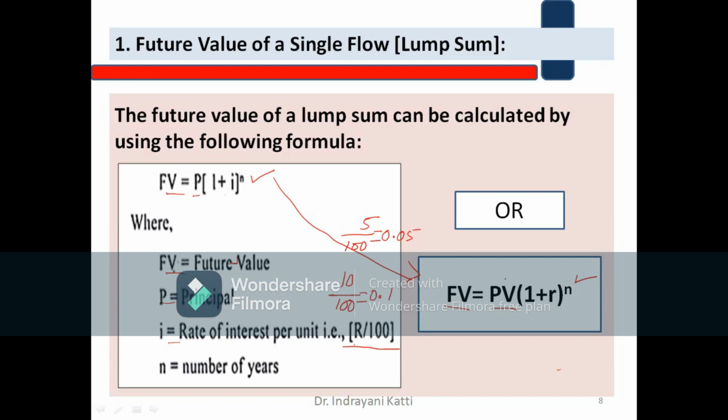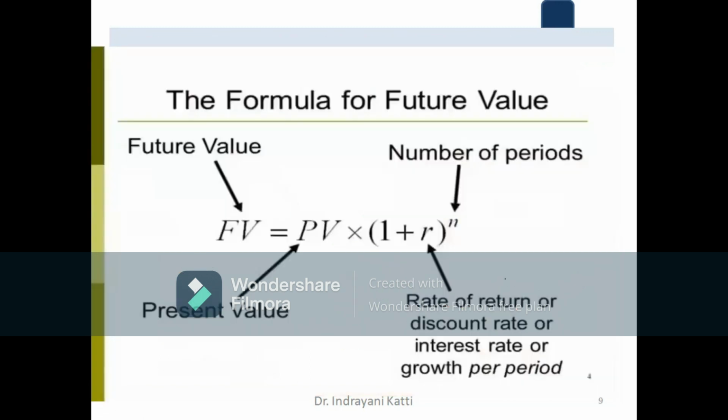Same formula here also, only the notations are different. FV, future value, is equal to present value multiplied by (1 plus r) raised to n. The same second formula is presented here. The formula for future value is FV equals PV multiplied by (1 plus r) raised to n.